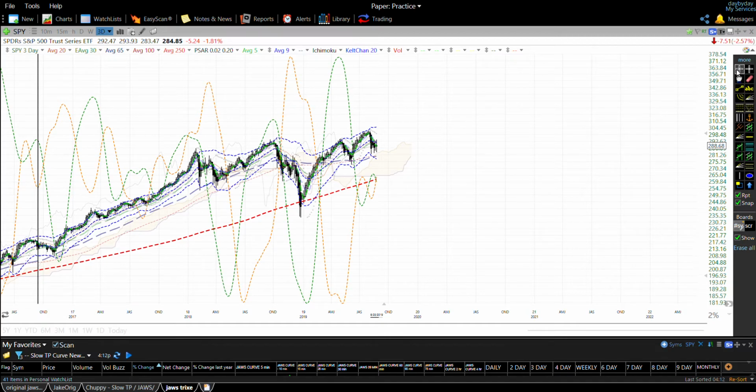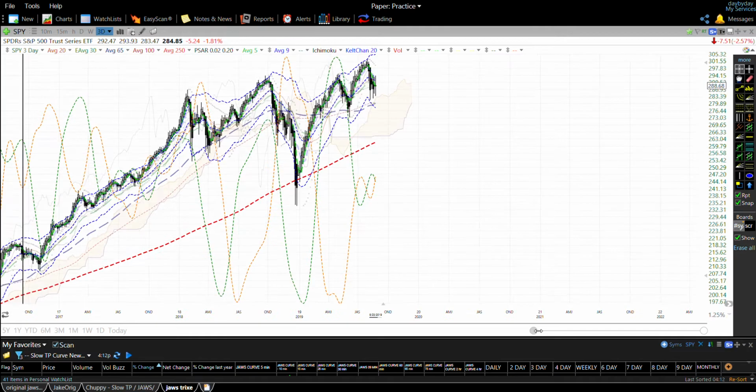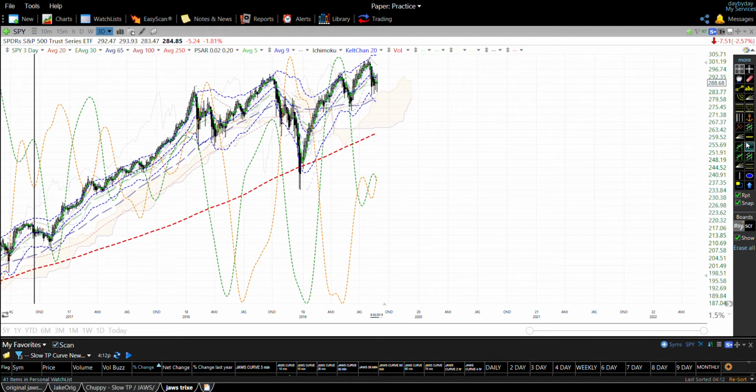In price action, it's very similar to this noisy channel right in here, which resolves in what appears to be a bear flag.